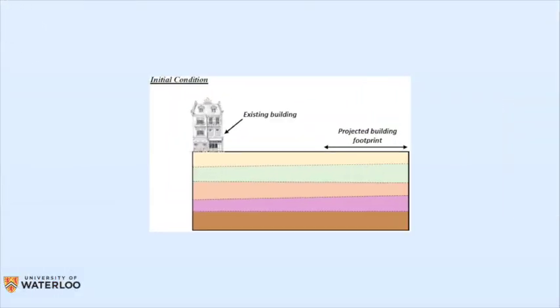For the first scenario, we are going to construct a new building in this area. So we have to do some excavation in this area, but consider that we have this existing building and we cannot touch that building.